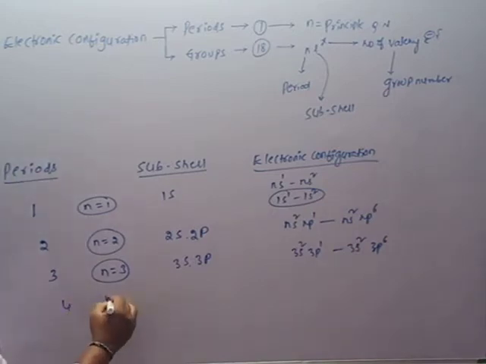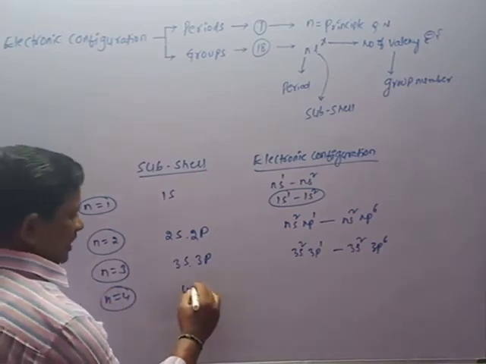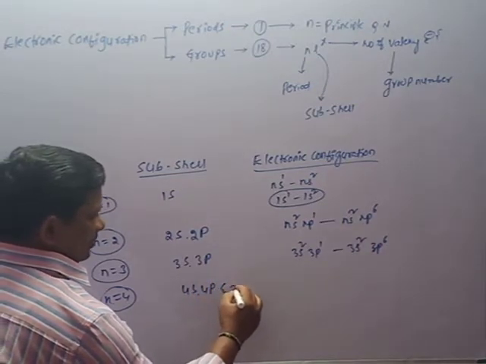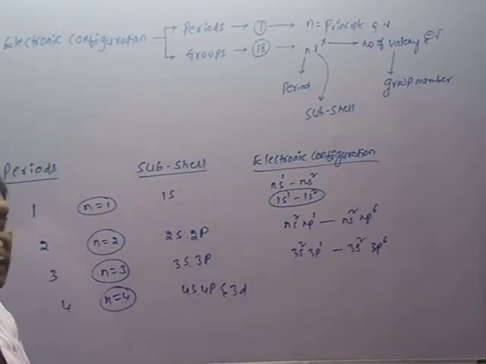Now the fourth period, n equals 4. It has 4s, 4p and 3d.